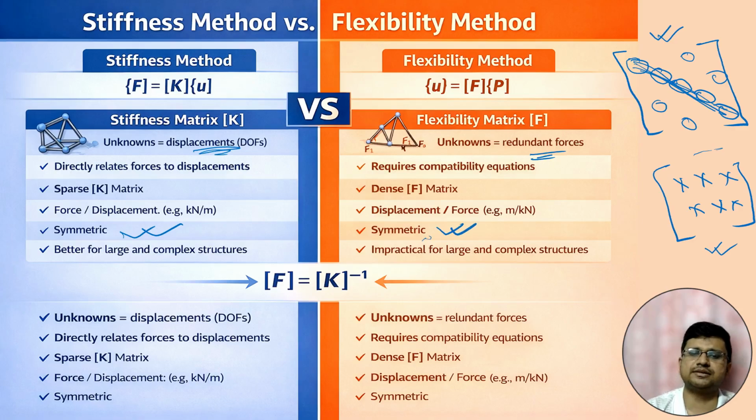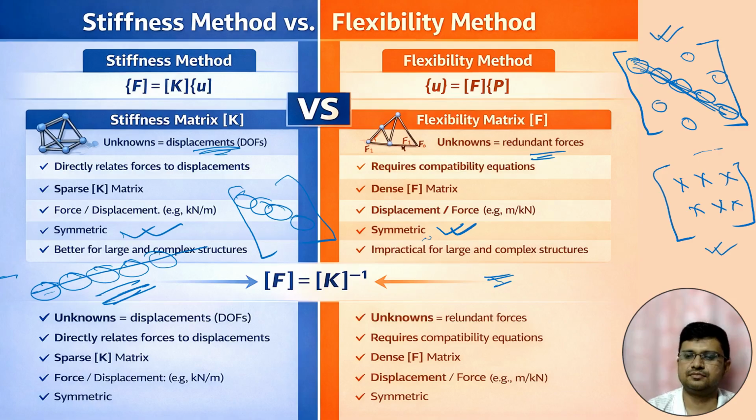Another very important thing is that for the stiffness matrix, it is very simple to combine data from different matrices. If there is a large element and we can generate the stiffness matrix for different elements, then very easily we can combine the data from these different elements and form the combined matrix.